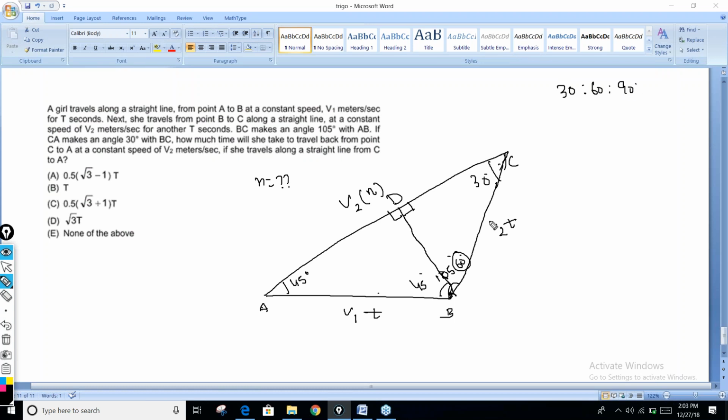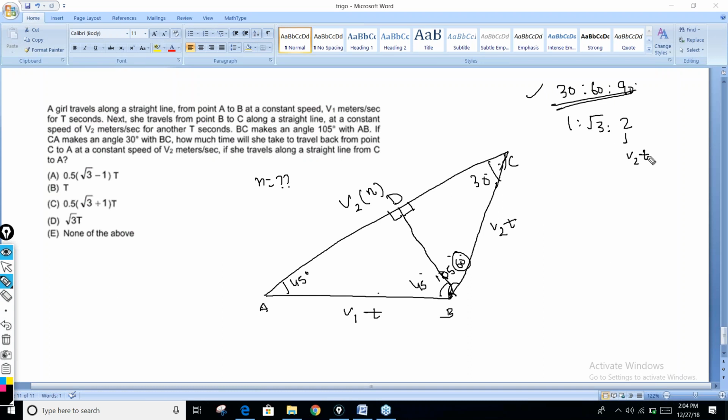I'm sure you are wondering that most of the questions actually use 30, 60, 90. When I took geometry, I told you that this is going to be very useful in many of the questions. The side ratio is 1 is to root 3 is to 2. Which side is given? We know this side, v2t, in front of 90.